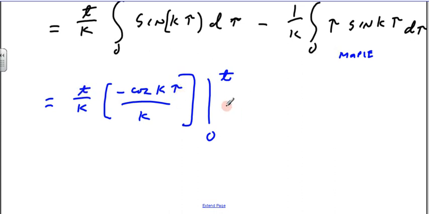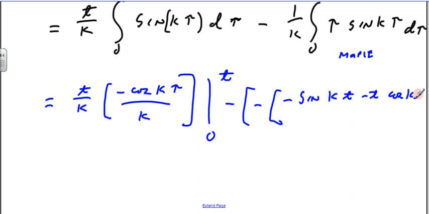Okay. Then we have minus bracket minus bracket another minus sine kt minus t cosine kt divided by k squared times, I ran out of room.